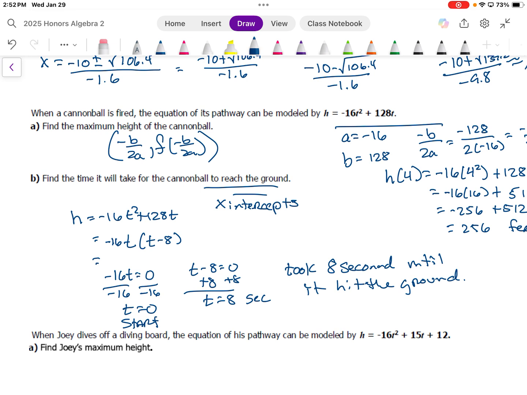Question? Yes. Couldn't you have just multiplied the 4 by 2 to get it? So it's 4 seconds to hit the max height, but then it takes the same amount of time to come back down. Yes, we could, since it was nice, pretty numbers. Yes, at 4 seconds we hit our max height.